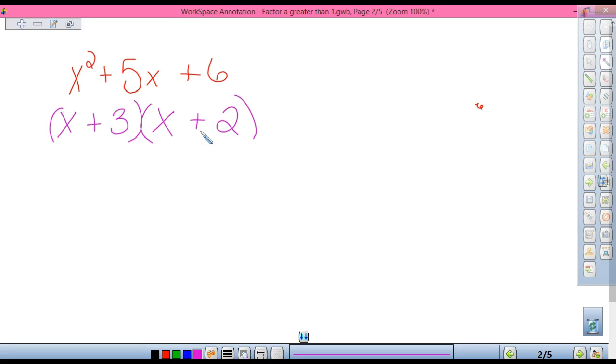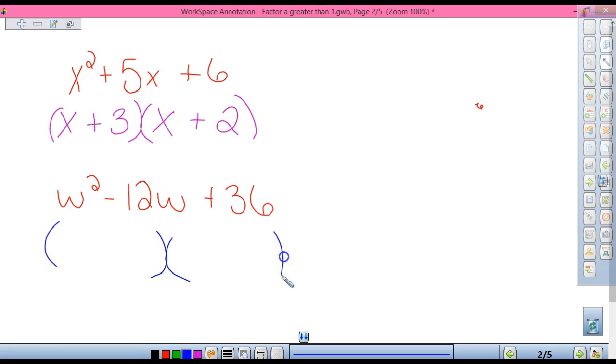Okay. What if I have w squared minus 12w plus 36? Alright, so now my factors. How am I getting to w squared? W and w.